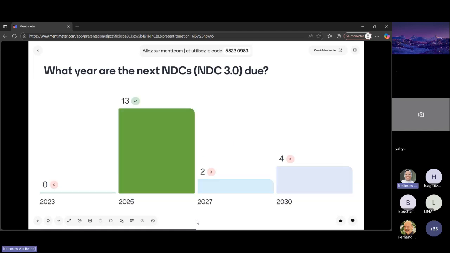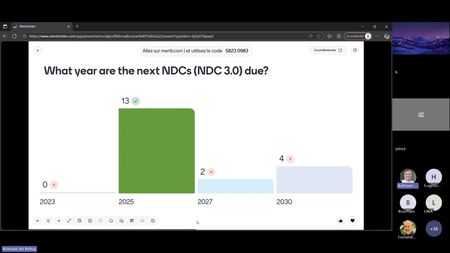Of course, it's 2025, and as we mentioned, the deadline was 10 February 2025, and then we had some flexibility for other countries who couldn't submit their NDC. If they wanted to be included in the synthesis report of NDCs 2025, they needed to submit before 30 September.